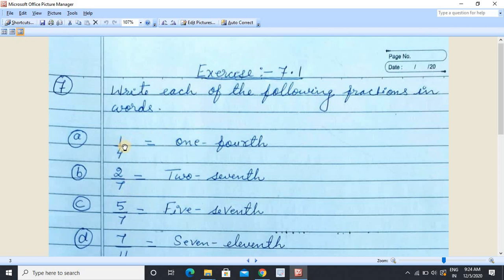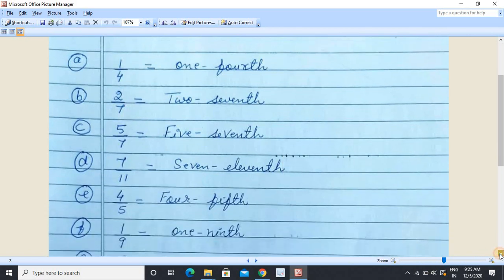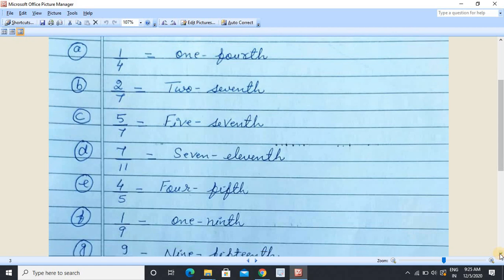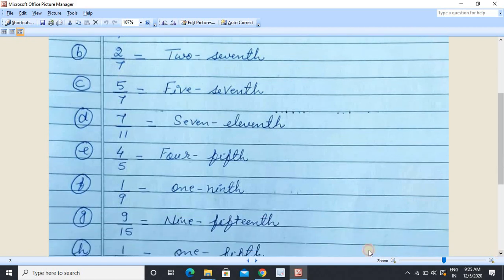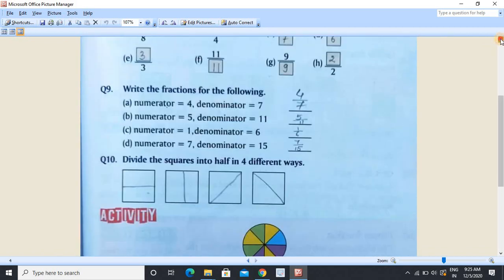So as you can see, 1/4 is one-fourth, 2/7 is two-sevenths, 5/7 is five-sevenths, 7/11 is seven-elevenths. So in this way you have to solve all the questions. Now let us move to the next page.